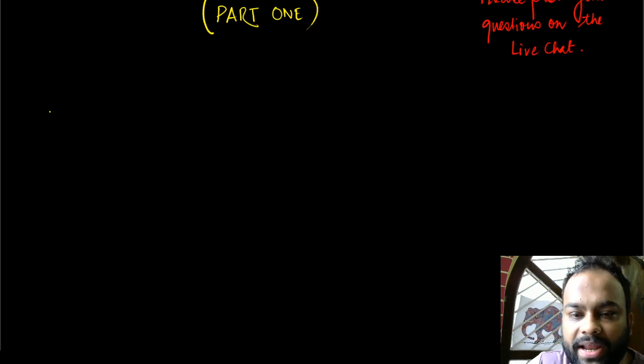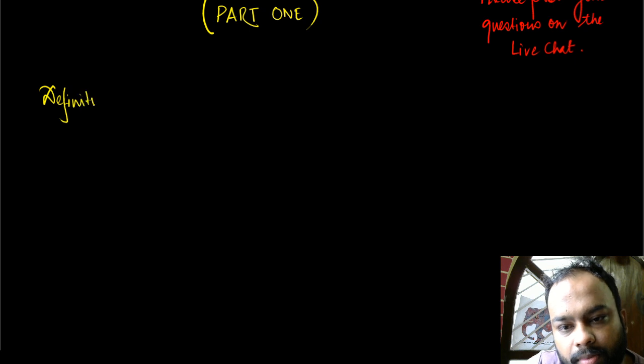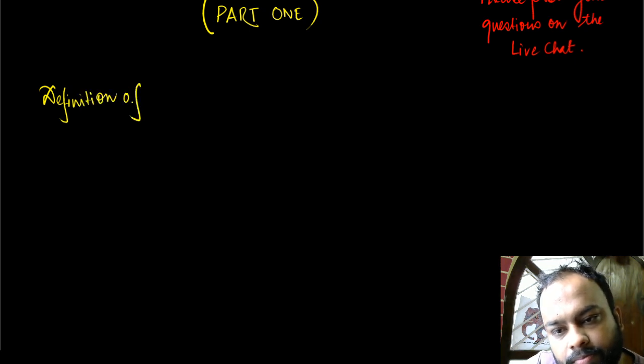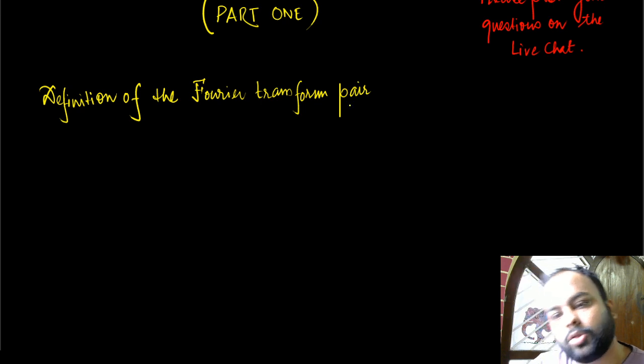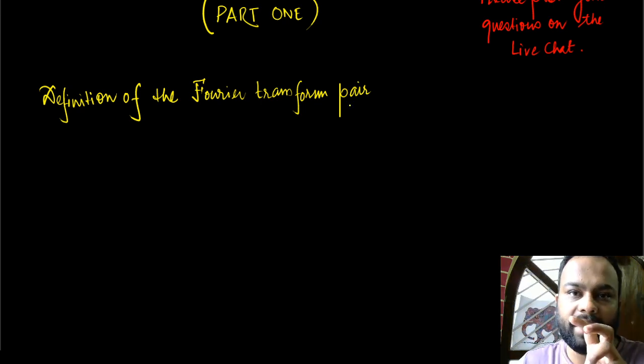So this is the definition we have used. This is the Fourier transform pair. We call it a pair, one pair of Fourier transform and inverse Fourier transform.